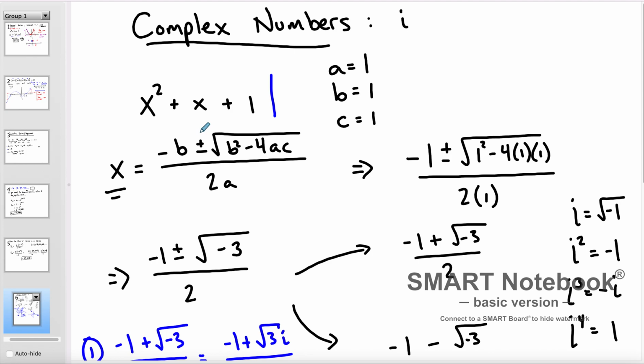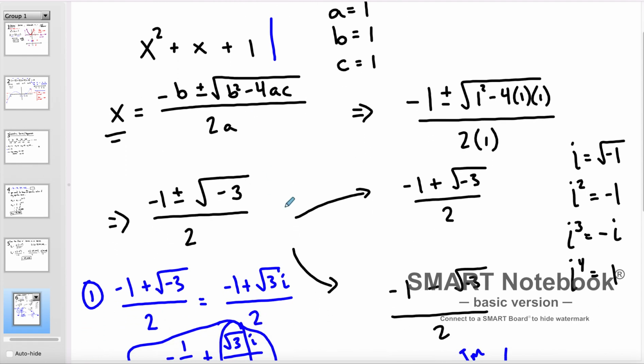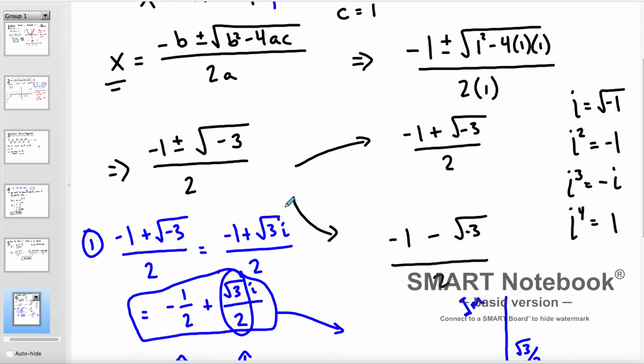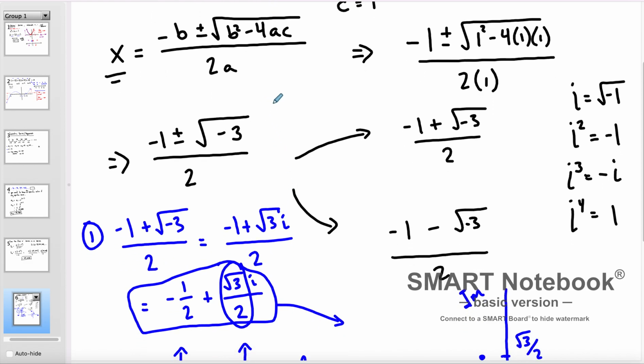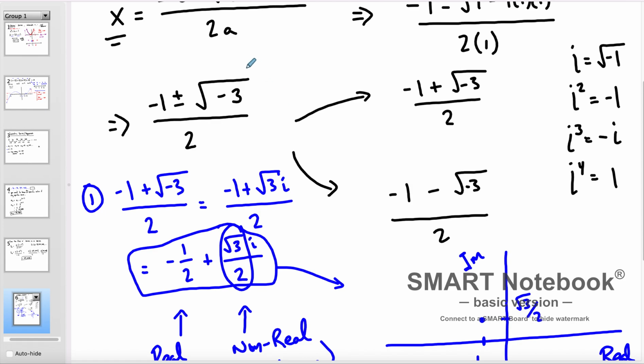And this is the point where imaginary numbers are introduced, this number i, where i is equal to the square root of -1. This gives us the ability to go ahead and continue solving the problem. We're not supposed to take the square root of negative numbers, but now that we've introduced this technique using the imaginary number i, we can go ahead and do so. We simplify down until we can't anymore, and we solve.